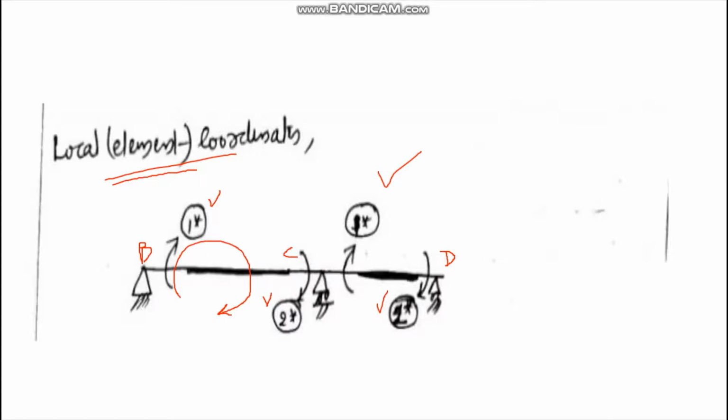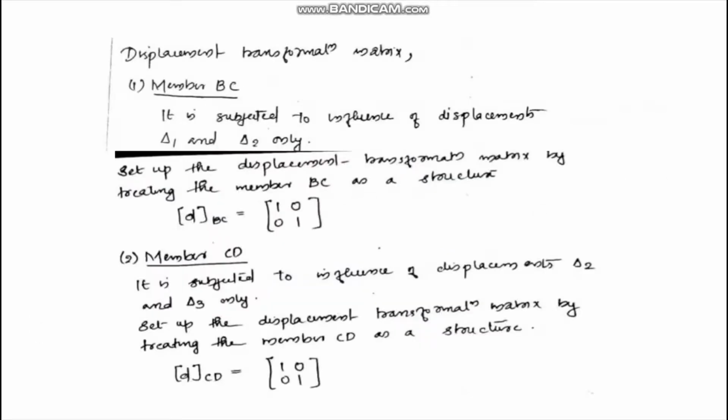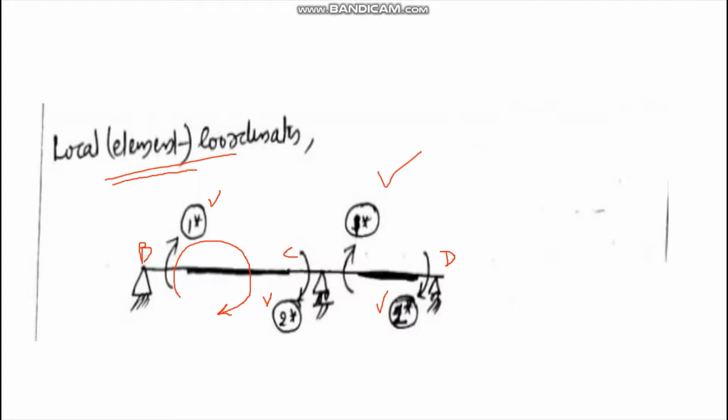After drawing the local or element coordinates, the next step is to find the displacement transformation matrix. For the member BC, what will be the displacement transformation matrix? Consider the member BC. We have the effect of coordinates 1 and 2.